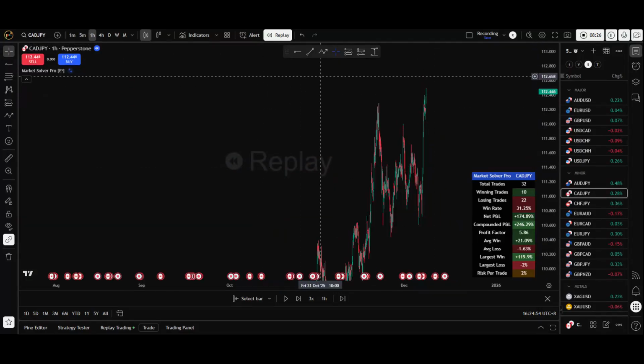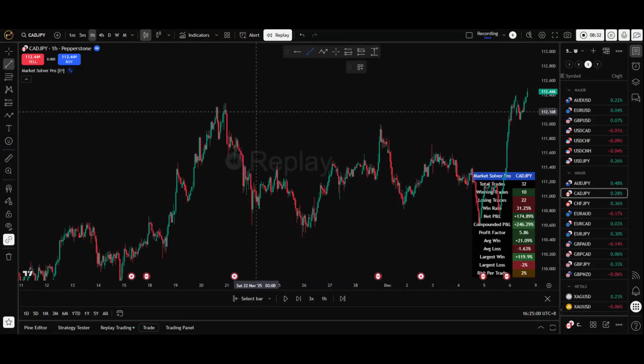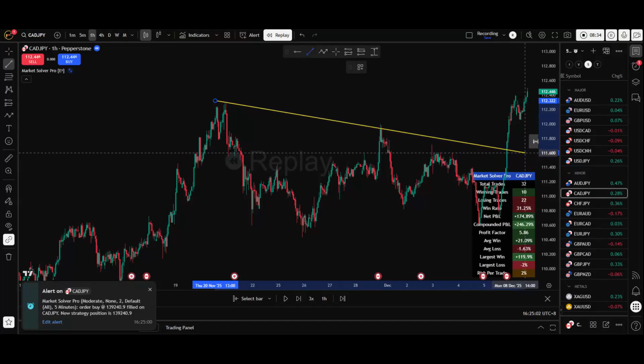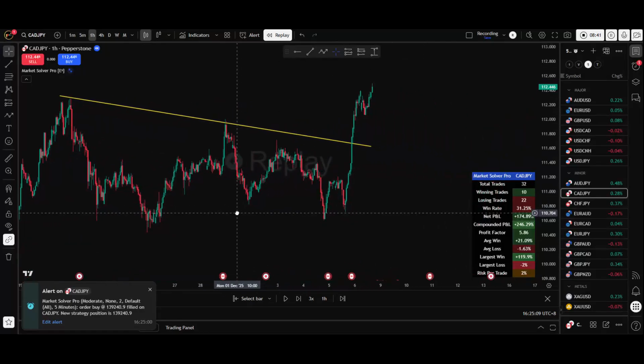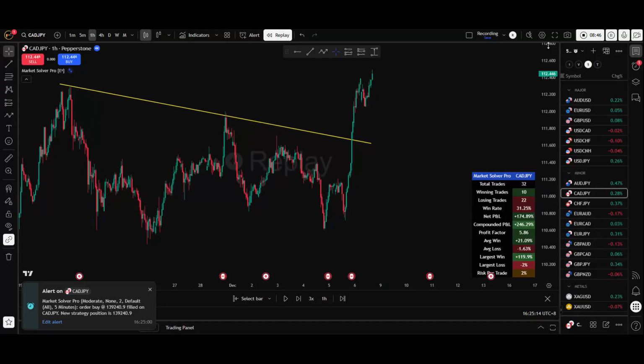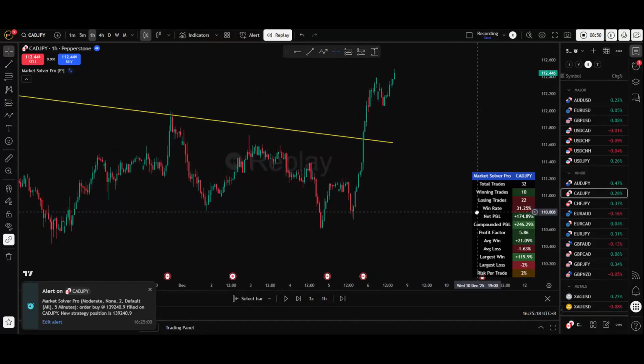Let me draw up again our 1 hour wedge, right? Okay, we're getting live signals as we speak, but we ignore that because we're already in an active trade in, I think, Aussie yen.